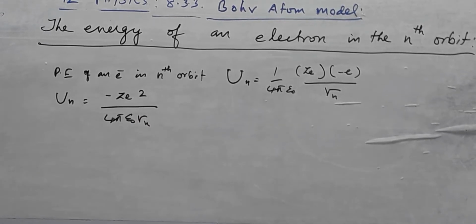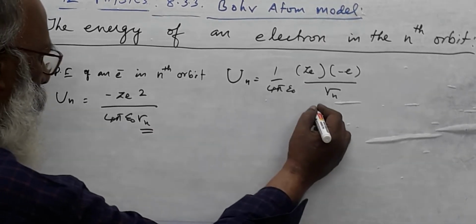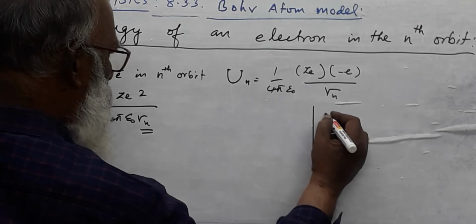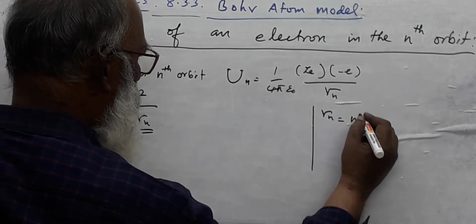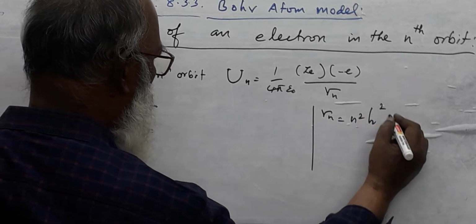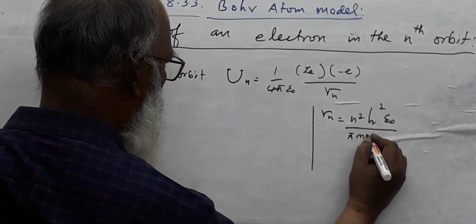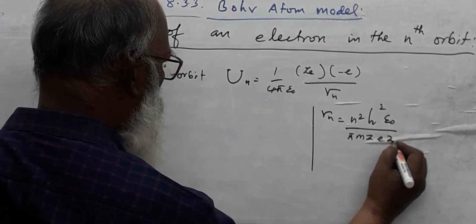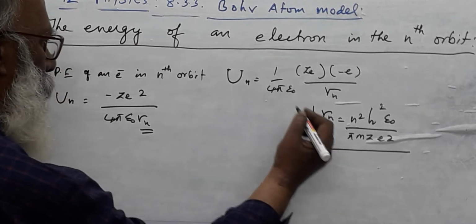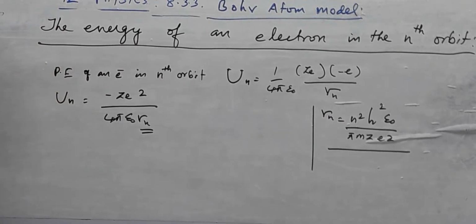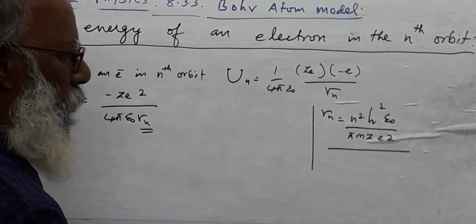Now we know the value of Rn. I told you at the end of the last class, Rn is equal to n square h square epsilon naught divided by pi m Z e square. You have to memorize this equation, otherwise you will miss a 1 mark question or 3 mark sums.